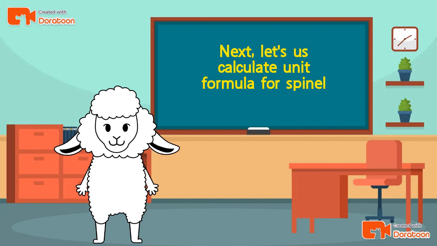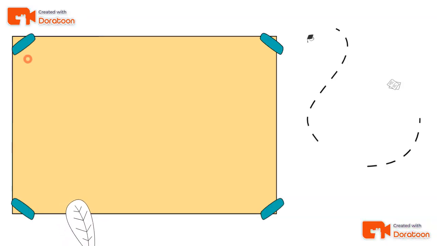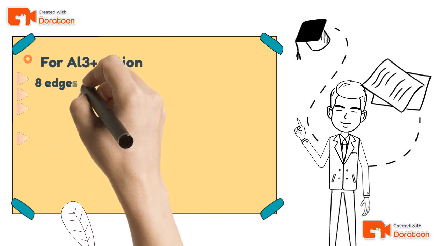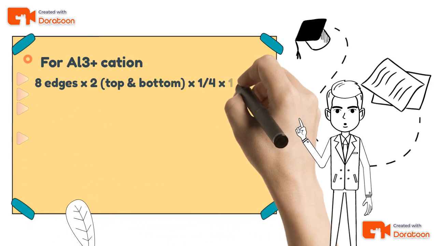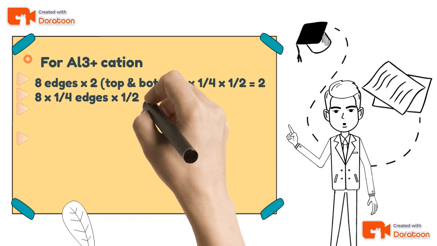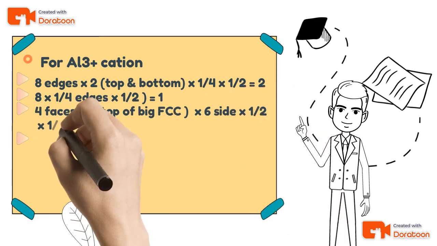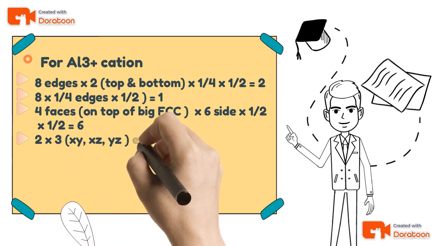Next, let us calculate the unit formula for a spinel. For aluminium cation, 8 edges times 2 for top and bottom times quarter times half equals 2. Next, 8 edges times quarter times half is equal to 1.